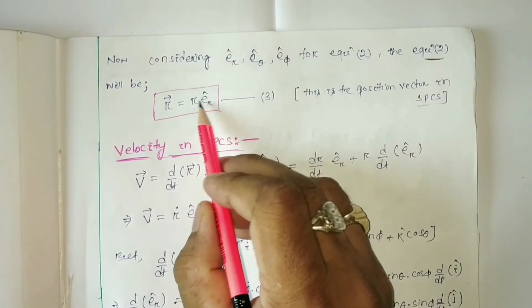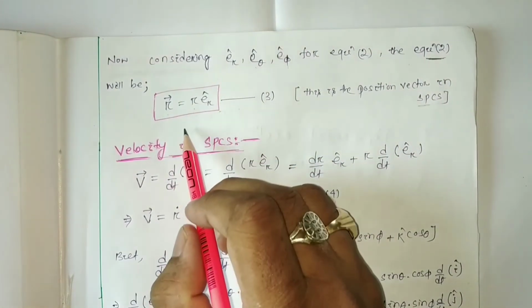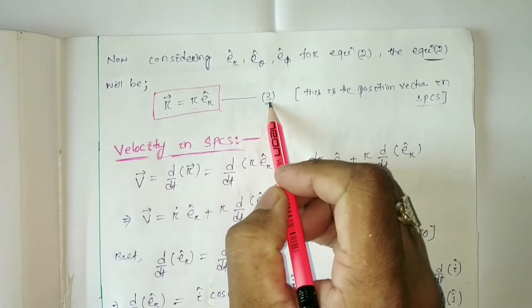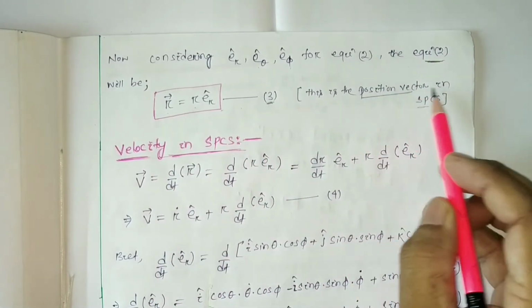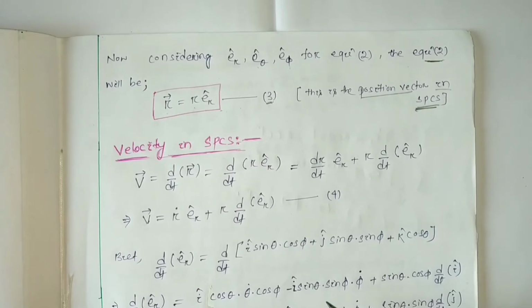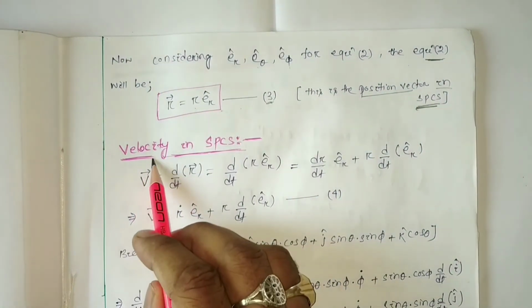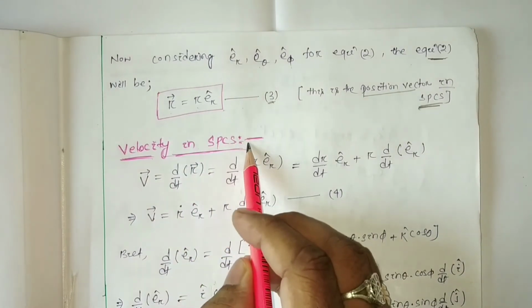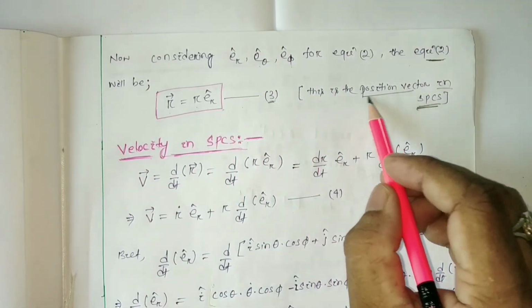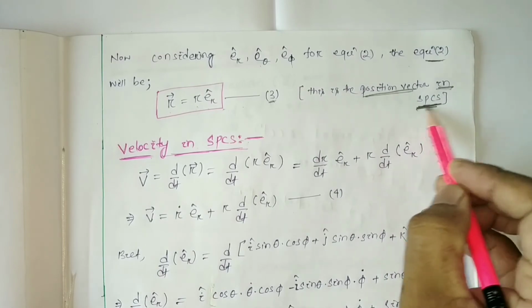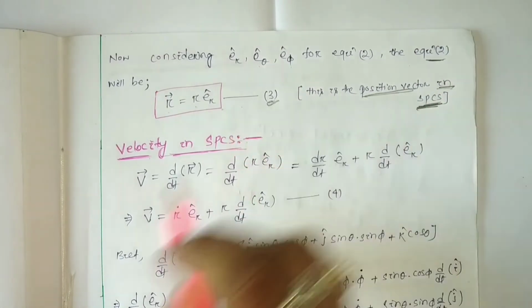These two terms belong to the spherical polar coordinate system. So equation number 3 represents purely the position vector in the spherical polar coordinate system. Now we are going to evaluate velocity in the spherical polar coordinate system by using the position vector, which is your equation number 3.